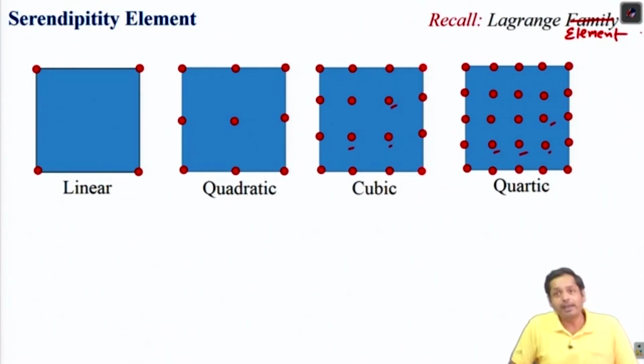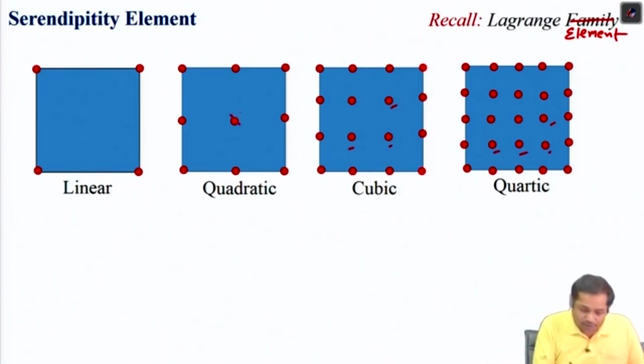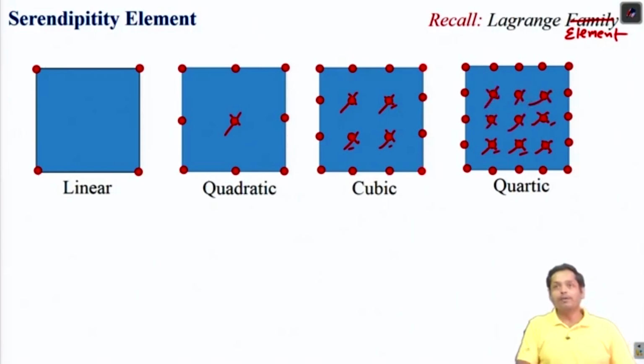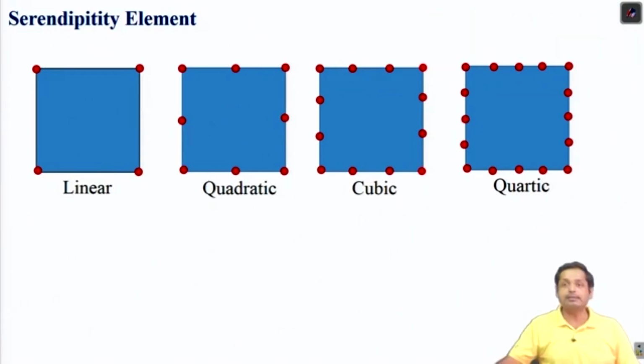The serendipity element is when you take these intermediate nodes out of the element. For instance, we remove all these nodes we have within the element. If we remove these, then these will be the serendipity elements.